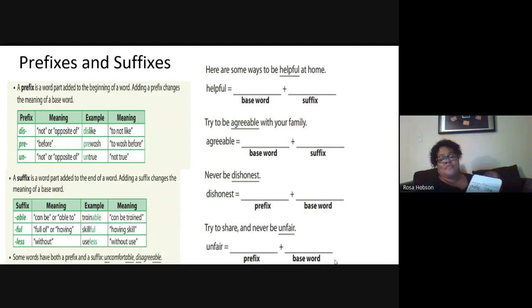Okay, you ready? What's the prefix in unfair? You got it. Un is the prefix. And the base word is fair. Absolutely.